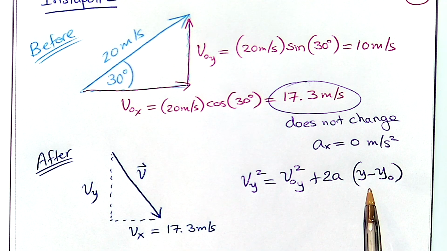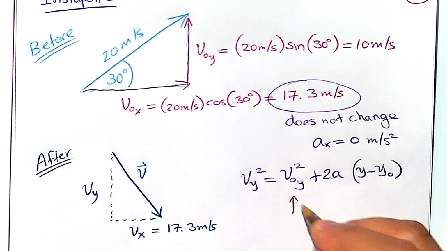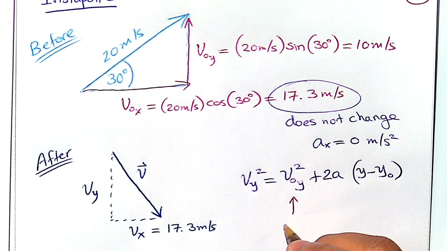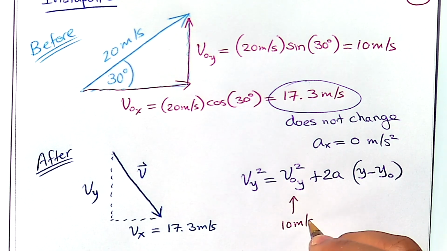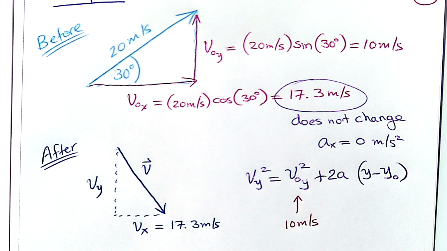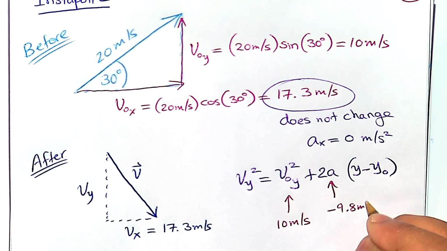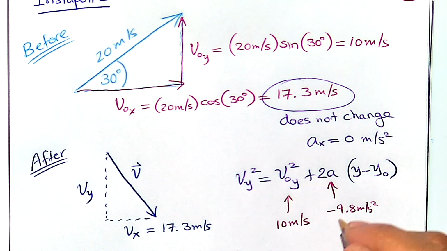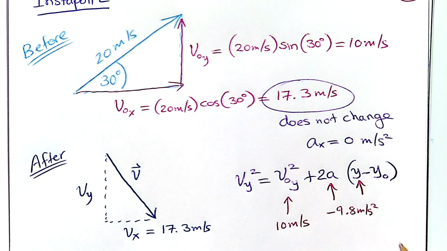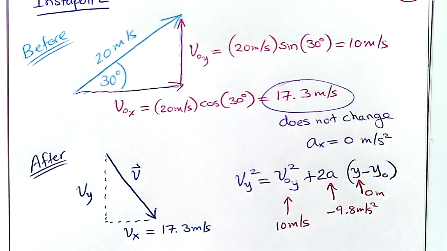I know where the stone starts and ends in terms of position, and I know the acceleration due to gravity. So this is a good equation to use. Initially, we have 10 meters per second in the y direction. This number, a, is negative 9.8 meters per second squared. At the end, the stone is on the ground, which is 0 meters.